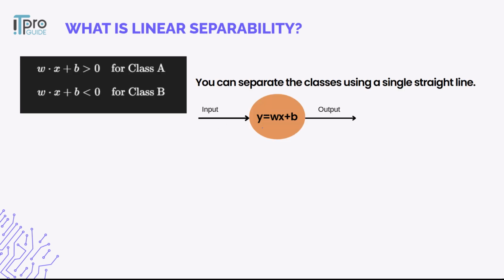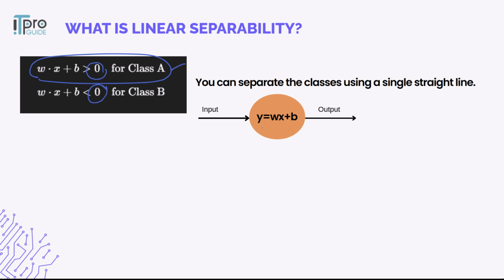If you still didn't understand why a neural network needs multiple neurons, then it's better we talk about linear separability. Linear separability means that two classes can be perfectly separated by a single straight line. Here in the equation you see there are two classes given: the output which is greater than 0 and the output which is less than 0.